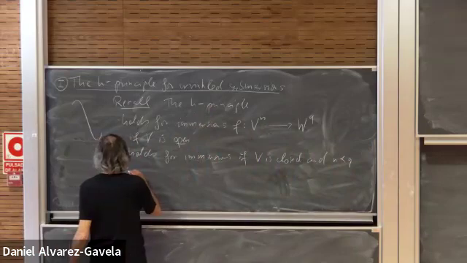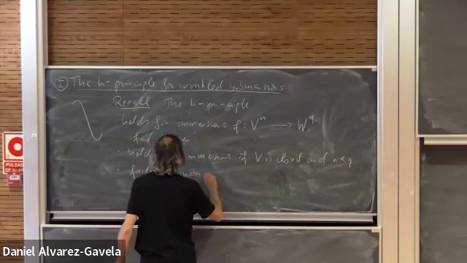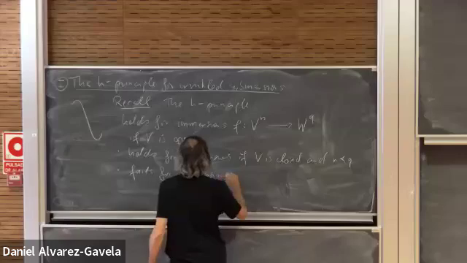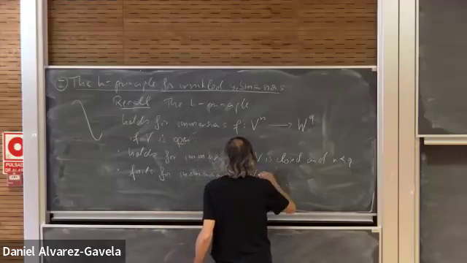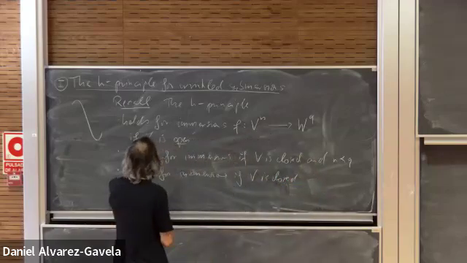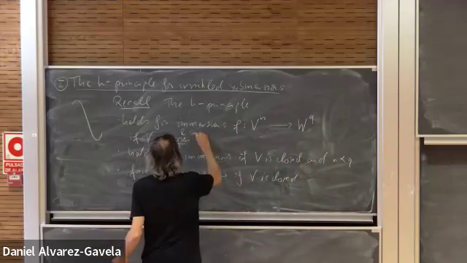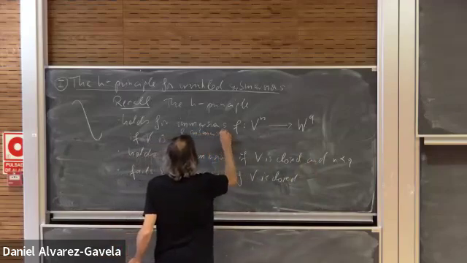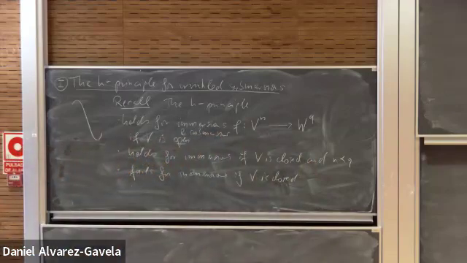So it does not hold if V is closed. I could add here, it holds for immersions and submersions if V is open, because submersion is also an open differential relation.